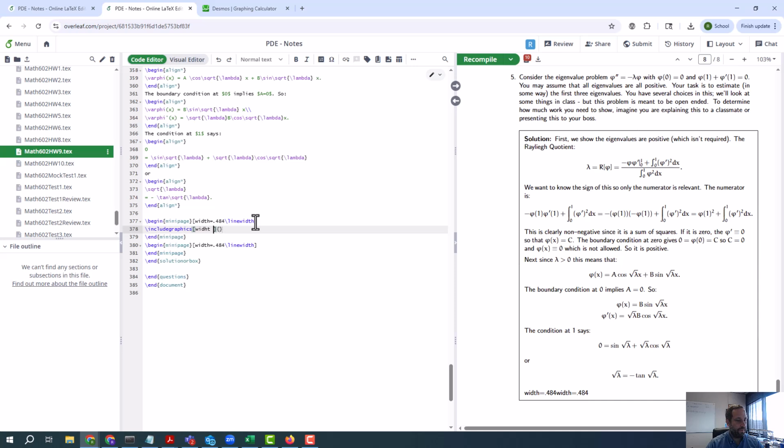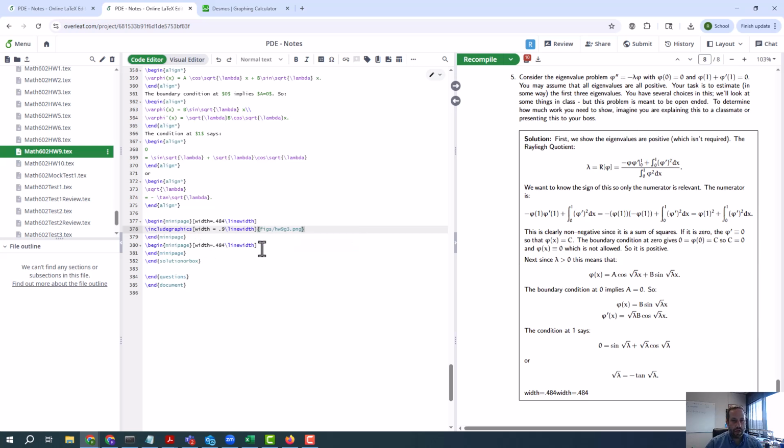And I want the image to be roughly 0.9 of the line width. Okay, and it's going to be figs, homework 9, and I want graph 3.